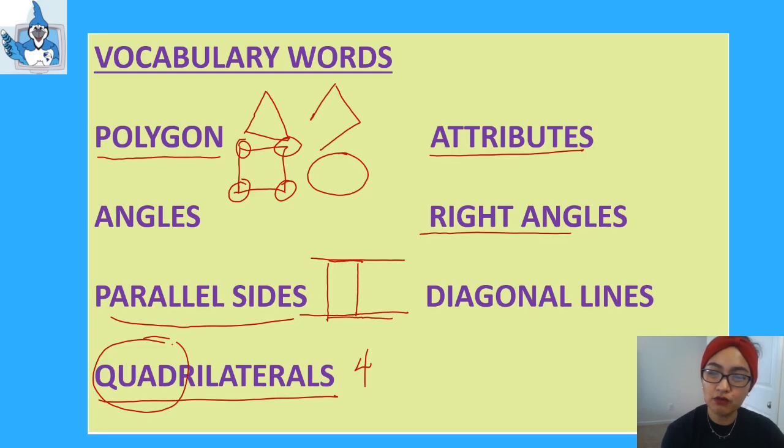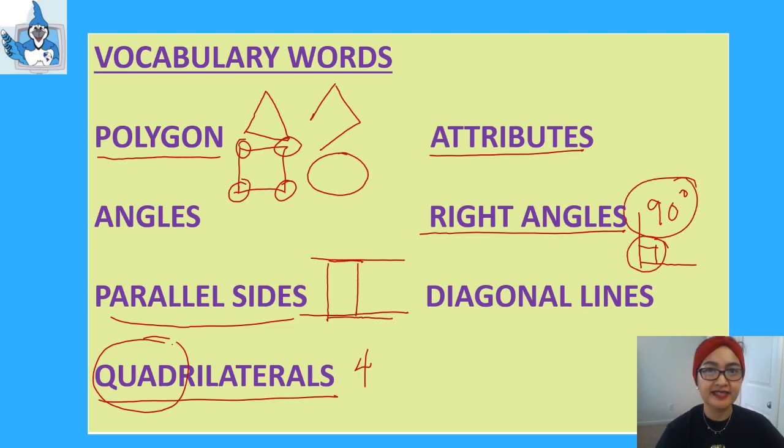Right angle. Right angle is basically a 90-degree angle. So it makes this box corner. If you see something like this, that means it's a right angle because it is 90 degrees in measurement. And of course, diagonal lines are lines that are slanted this way or maybe this way.